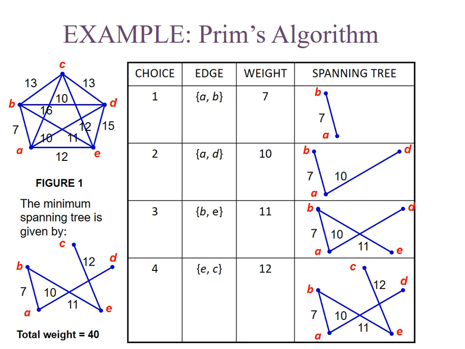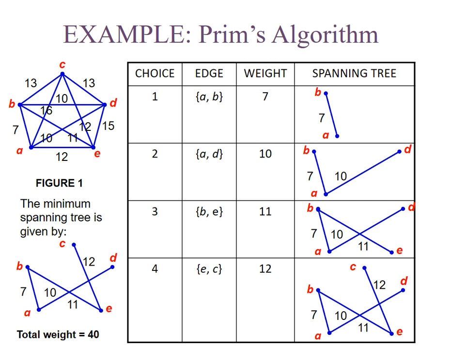Next, we need to choose any vertices and edges stemming from the current tree. Okay, so now we have two vertices A and B. So let's see what is the least weight we can choose. From A, we can have 10, 12, and 16.